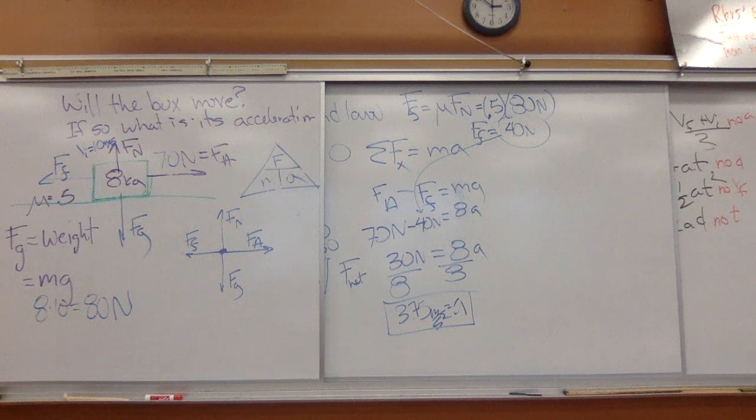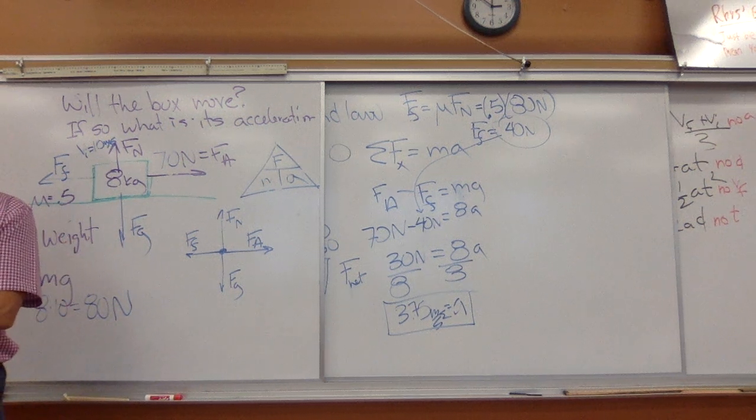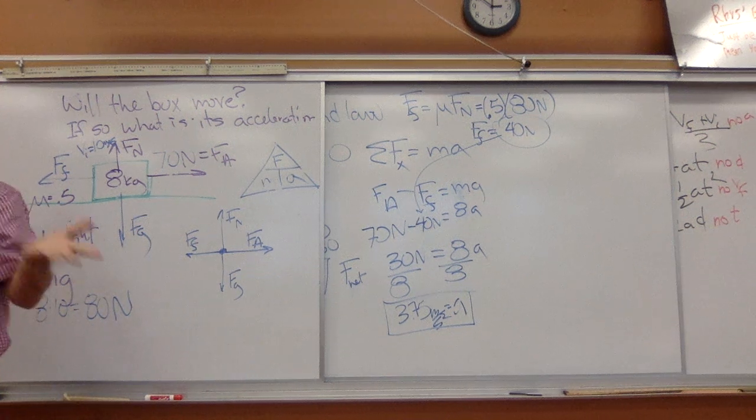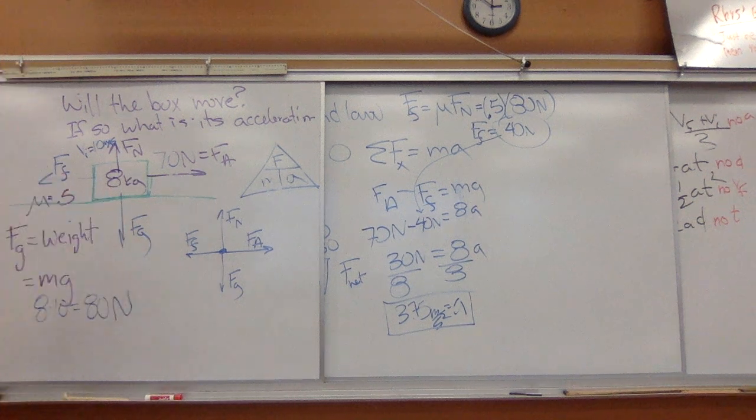Okay, so here's another sort of tricky question. Here's the not tricky question. If I'm just standing here, what is my acceleration? What's my acceleration if I'm just standing here? It's 0, right? I'm not moving. So here's the tricky part.